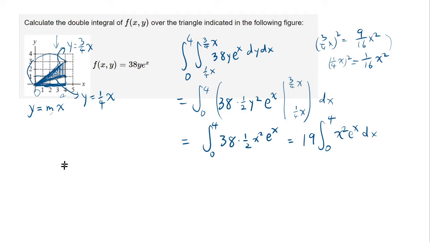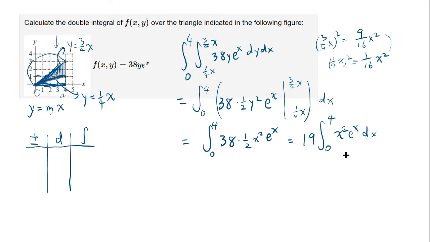Okay, so this one I'm just going to use tabular integration. Hopefully you know tabular integration. If you don't, just look at my channel. It's a really nice way to integrate things in place of the integration by parts method.